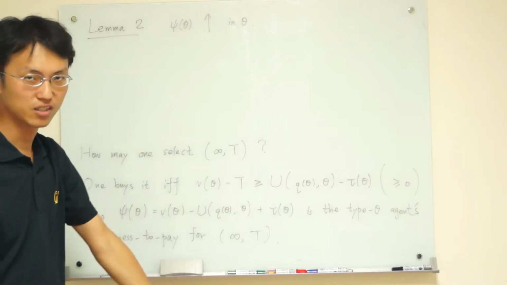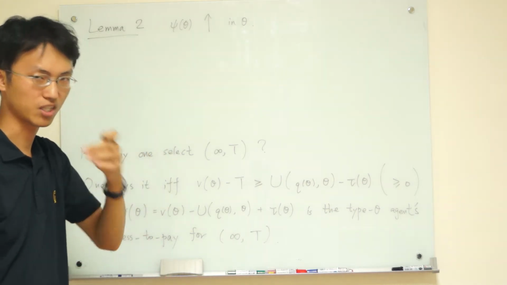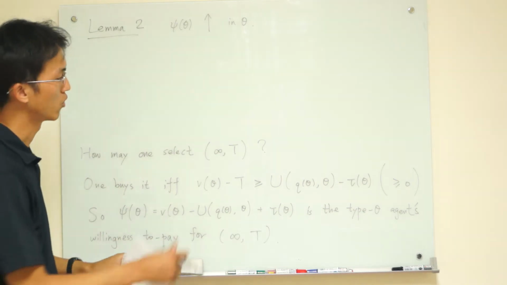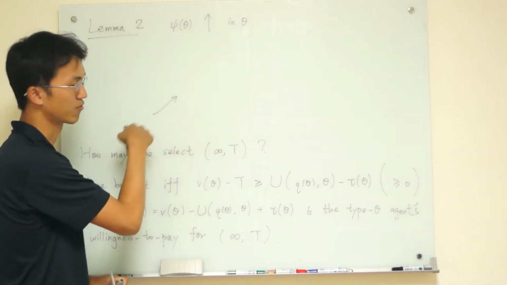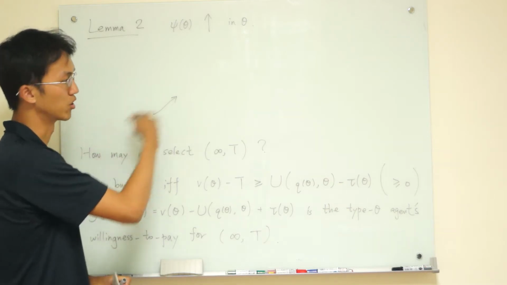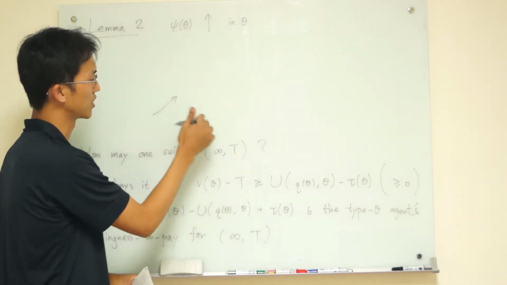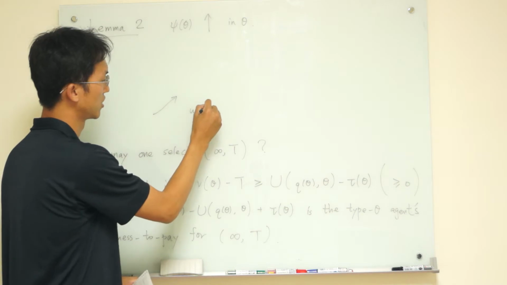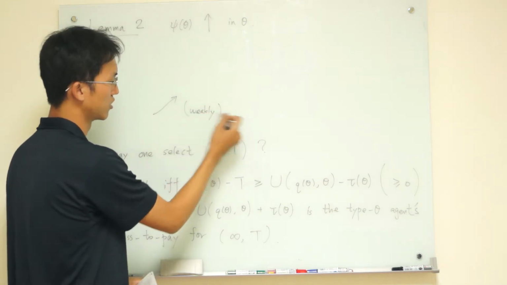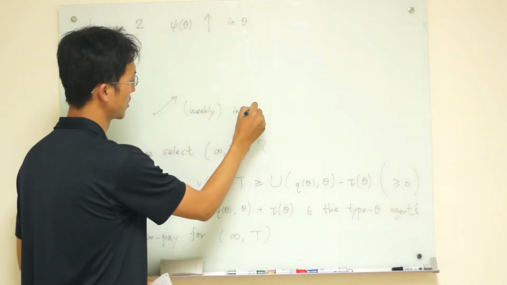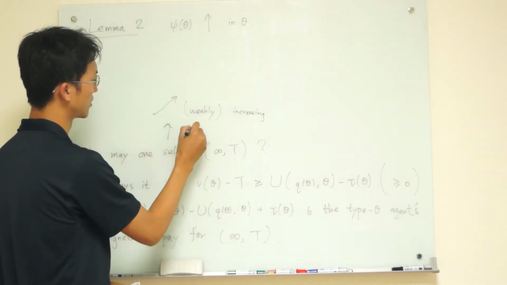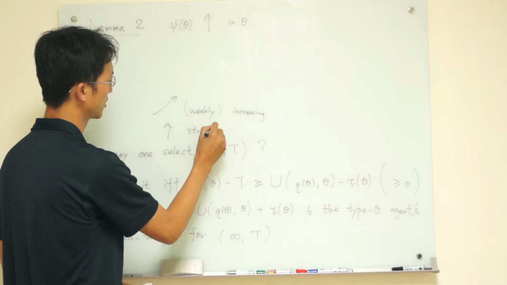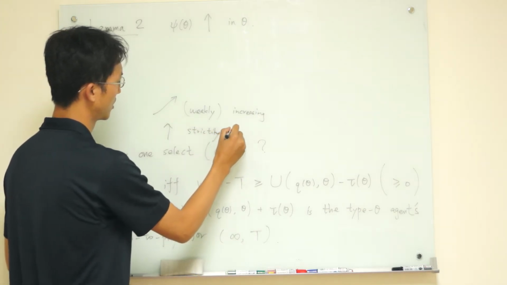In this video, and most of the time when I am presenting, when I write an arrow like this, from the left bottom to the right top, that means at least weakly increasing or non-decreasing. When I write this, it means strictly increasing.